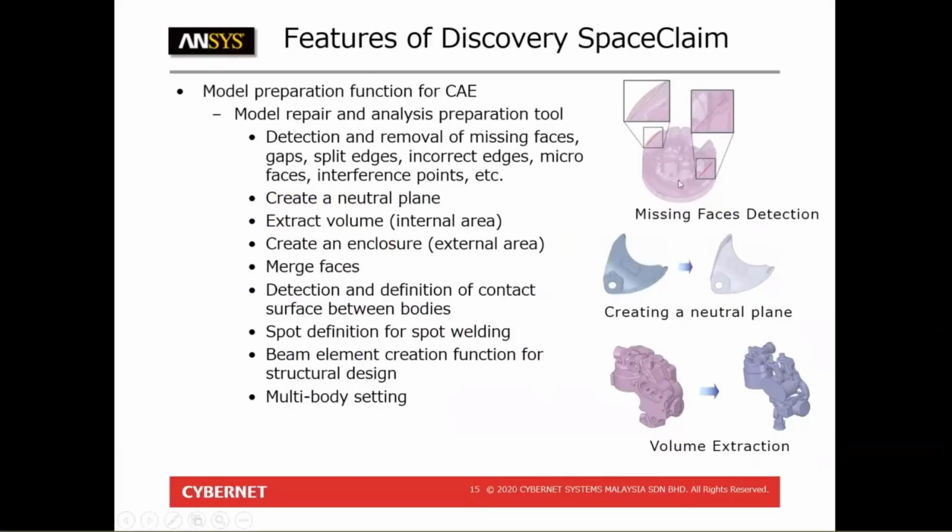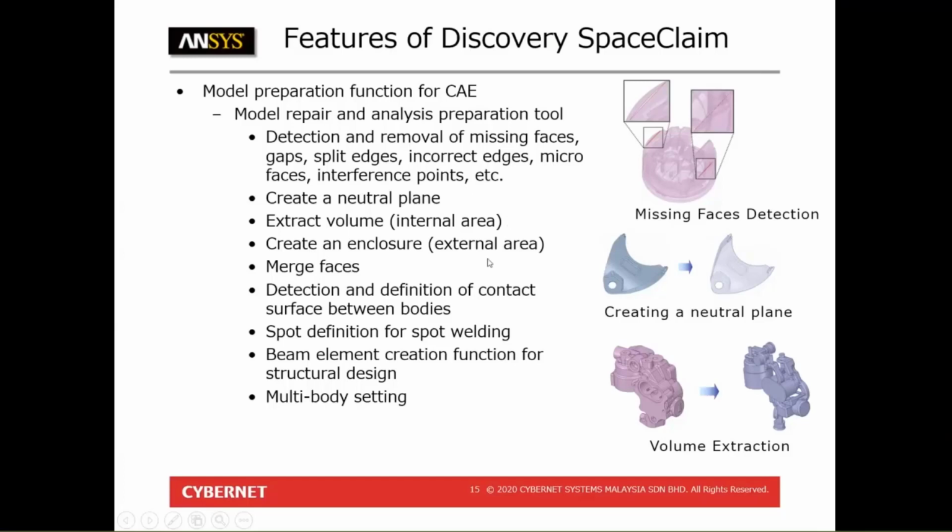Now, if you're just going to upload this geometry inside the CAE environment, you will not get the result that you want because the geometry is not really that good and has some defects on it. The Discovery SpaceClaim has the ability to detect the missing face automatically and then fix it automatically. It also has the capability of detecting and removing split edges, incorrect edges, microfaces, interference points, so on and so forth.